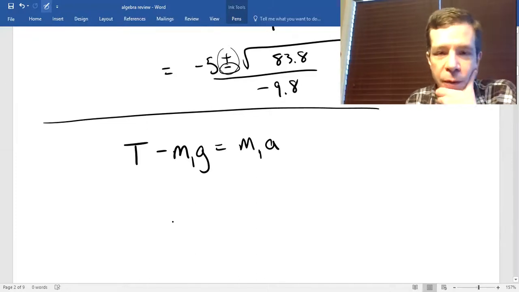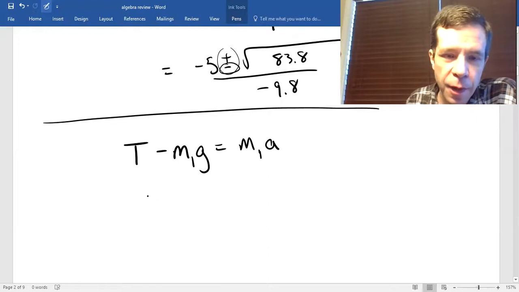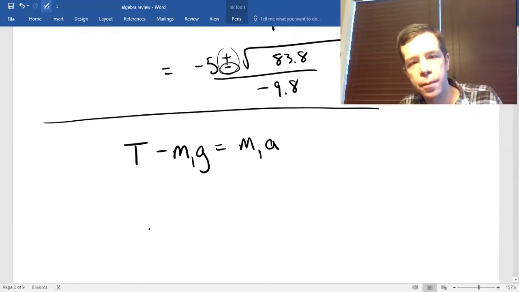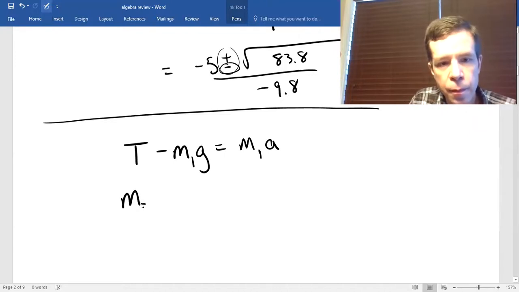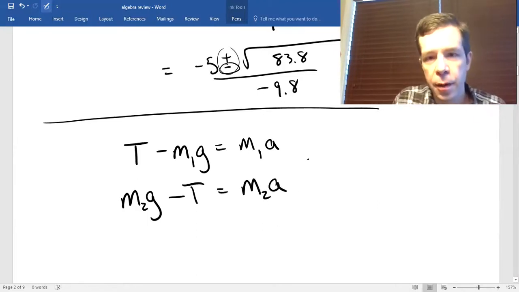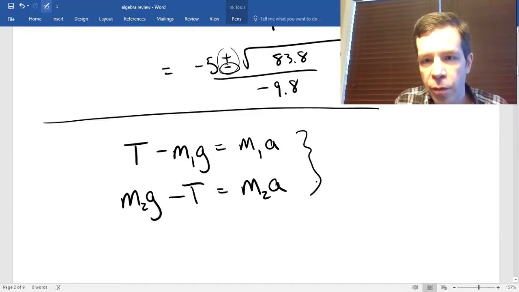I got to think about what the other equation would look like in this case. All right. This is a real physical situation that we'll do. It's related to an Atwood's machine, but this is a system of equations.